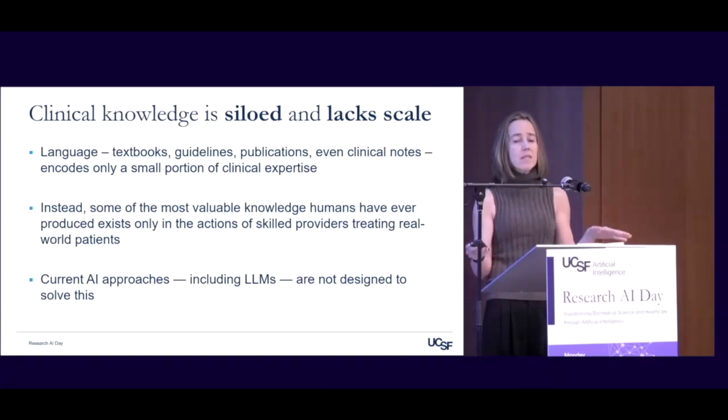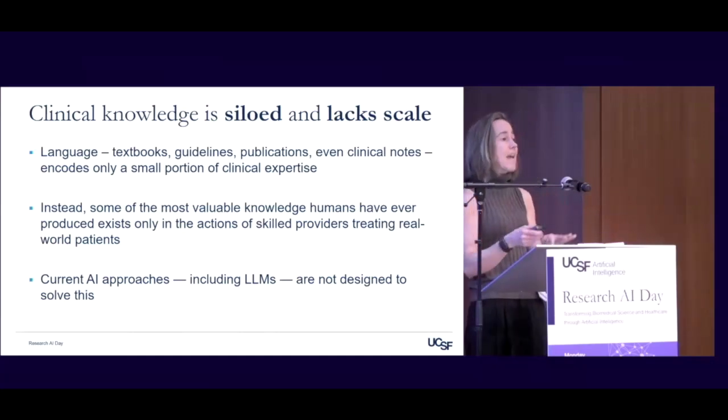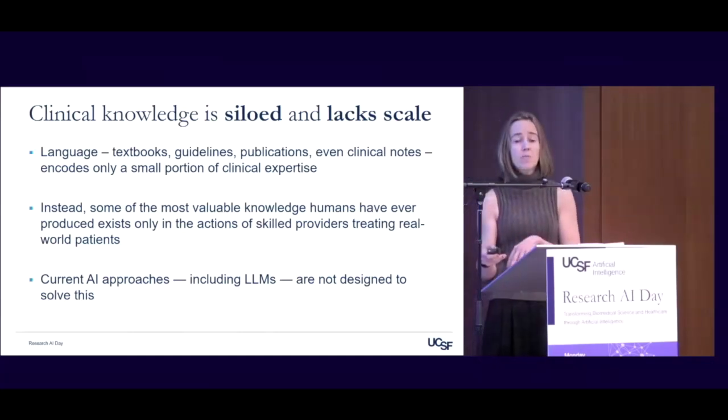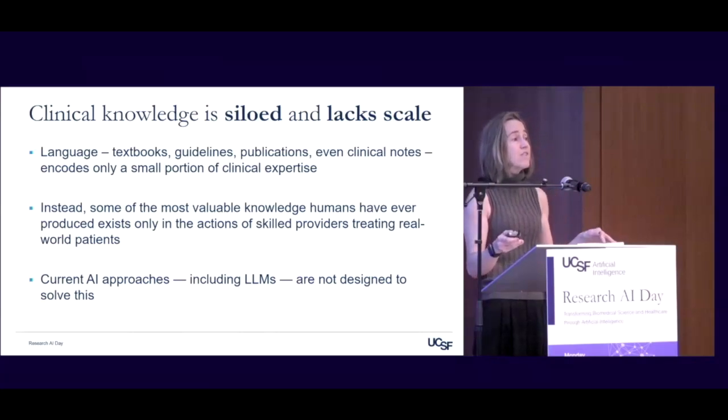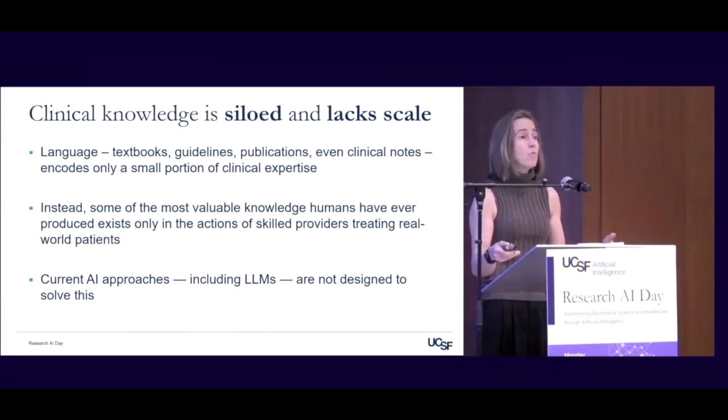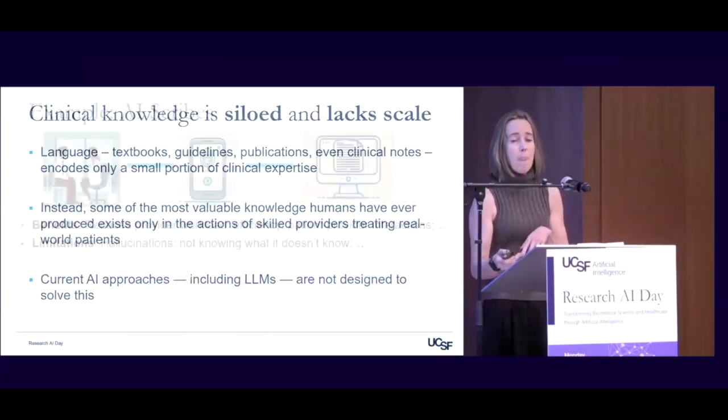So what we're stuck with is a situation where some of the most valuable knowledge that humans have ever produced exists only in the actions of real-world skilled providers. And current AI approaches, even some of these incredible advances in large language models, are not currently designed to efficiently encode that knowledge so that we can use it to improve care.